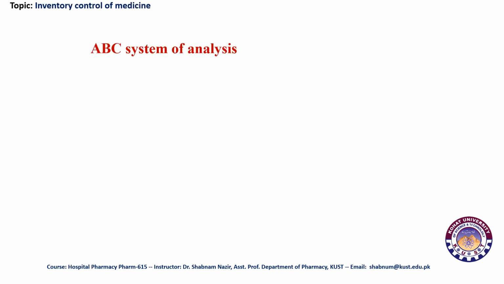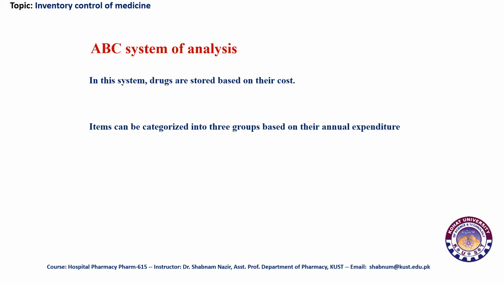First of all, we discuss the ABC system of analysis. In this system, drugs are stored based on their cost. Items can be categorized into three groups based on their annual expenditure.